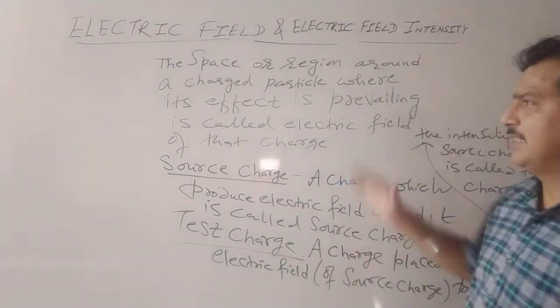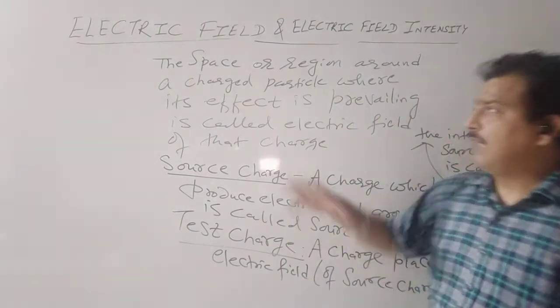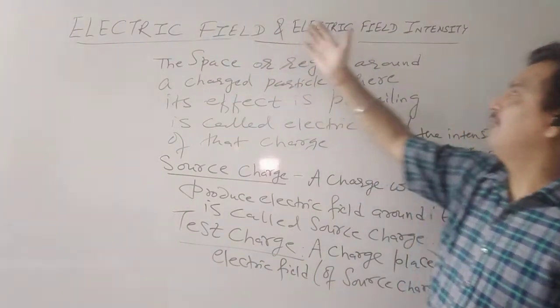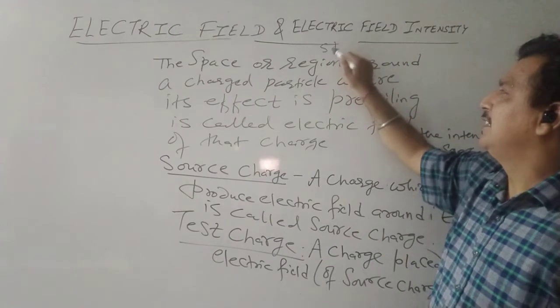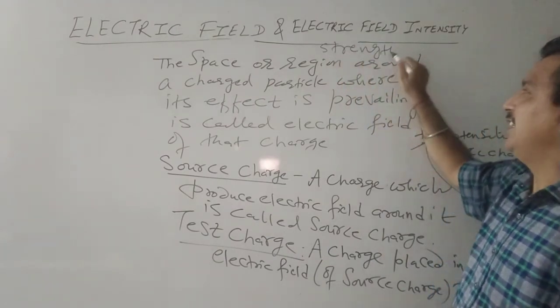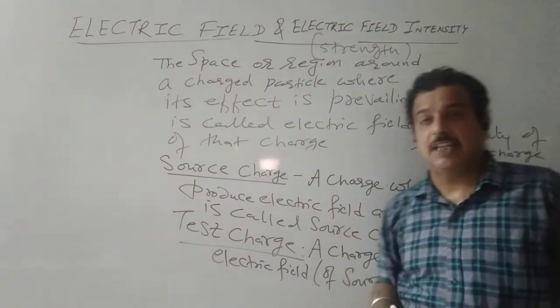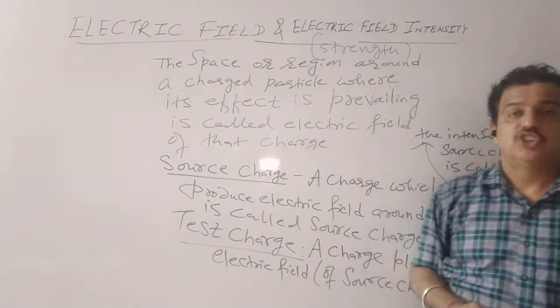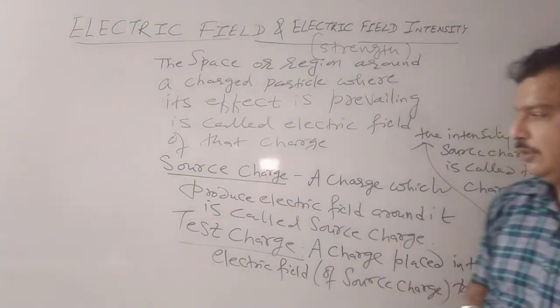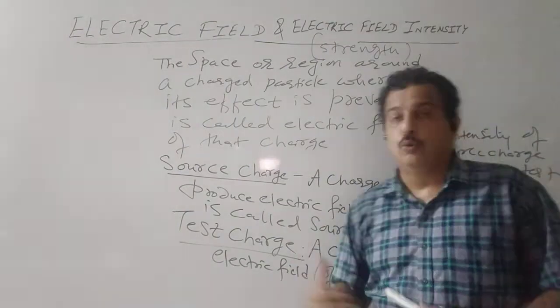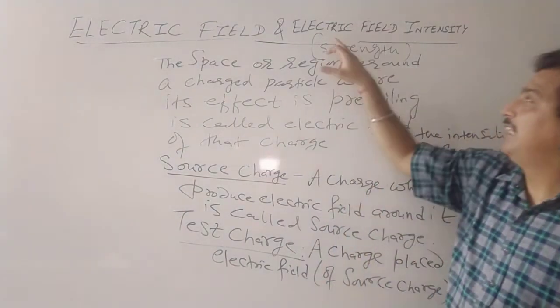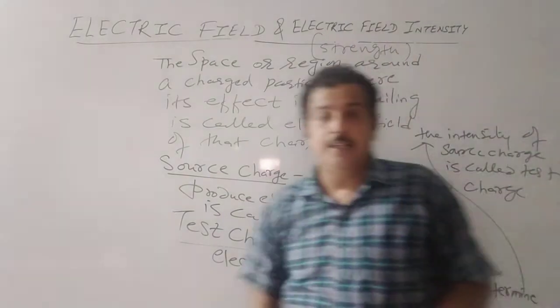So this is the simple explanation of electric field and electric field intensity. Electric field intensity simply means the strength. Strength किसकी? The strength of the source charge. So these are the simple terminologies. Now we will move next to the definition of the electric field intensity.